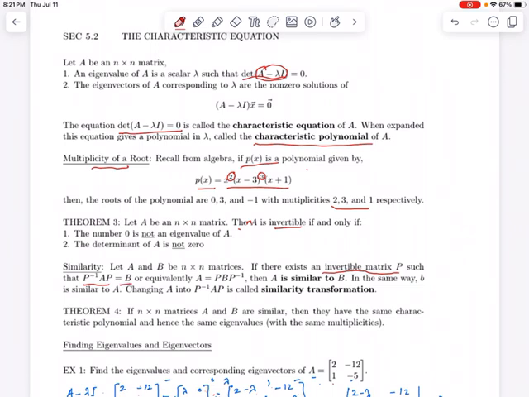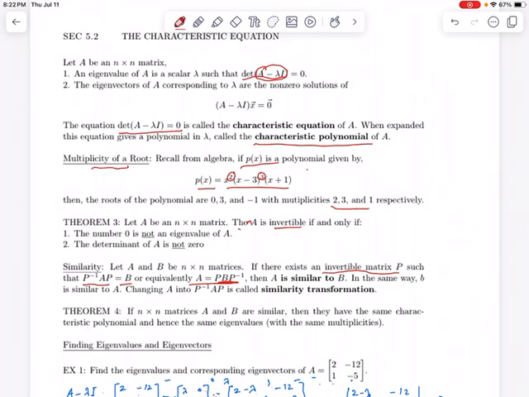If that happens, then we say that matrix A and B are similar, or matrix A is similar to matrix B. Now B is being multiplied by P, but in this order: P inverse is on the right of B and P is on the left of B. Then A is similar to B, so A and B are similar matrices.